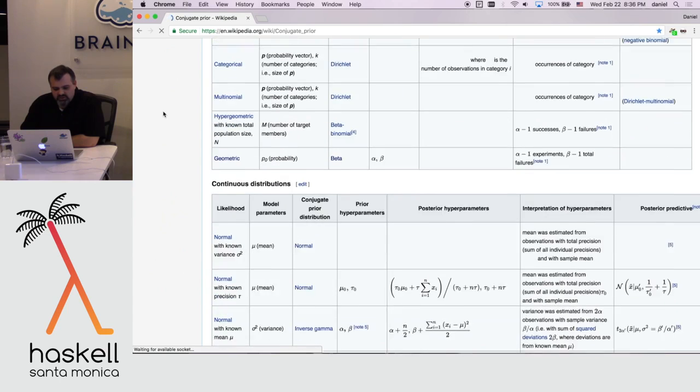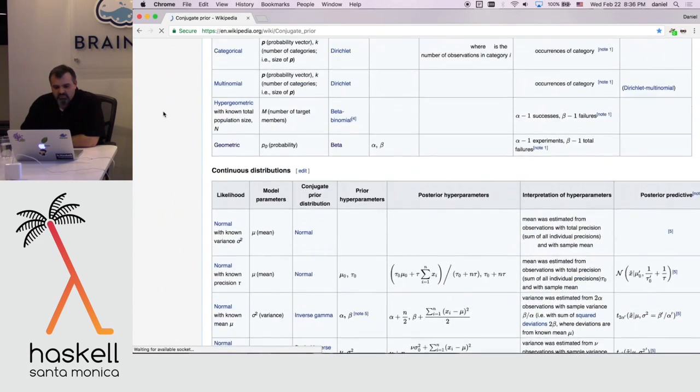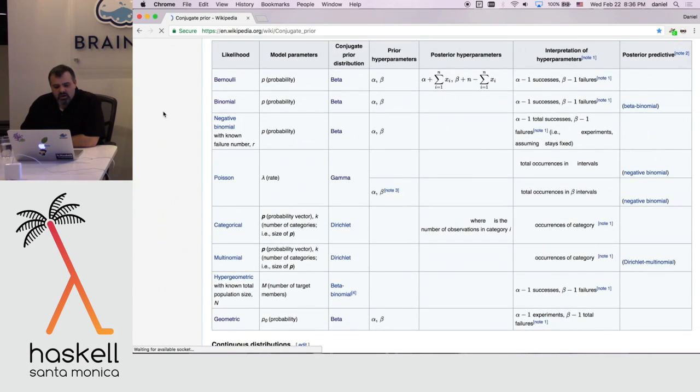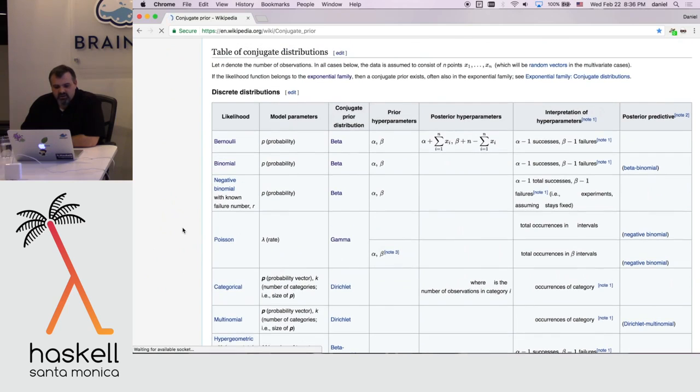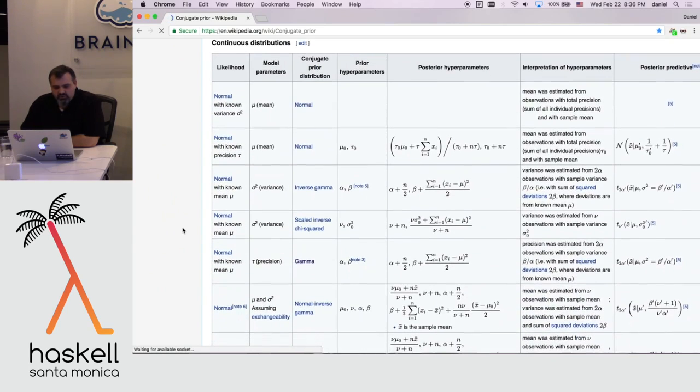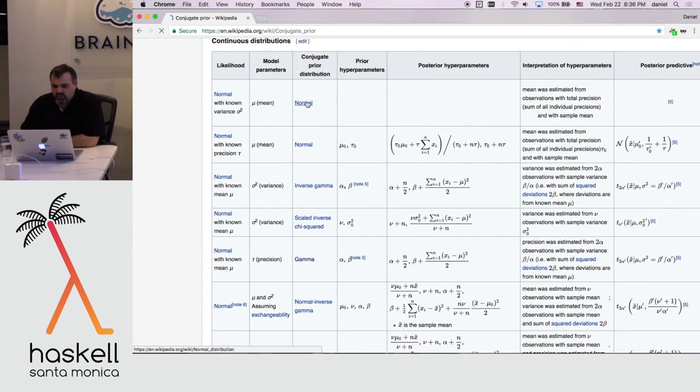I don't see an exponential distribution. Here we go. Oh, because these are discrete. Right. Here, normal distribution. Normal distribution is its own conjugate prior, except I'm not sure about that because this is not filled in. This is weird. And for these, the hyperparameters get a little bit more complicated, but still kind of tractable.